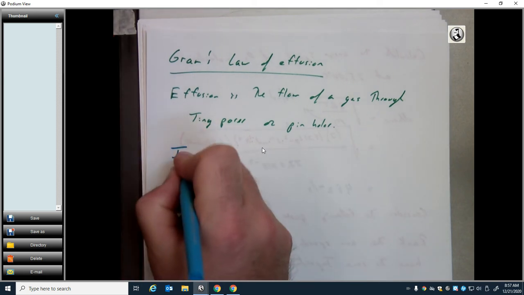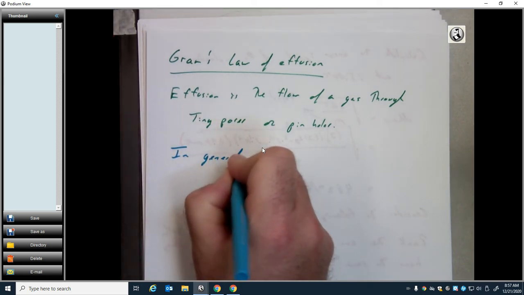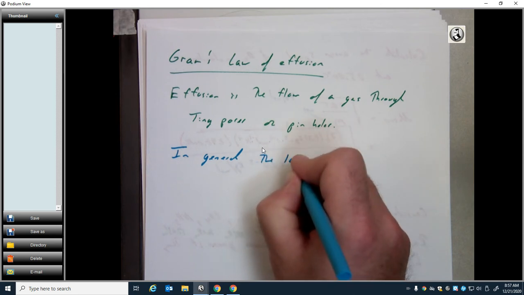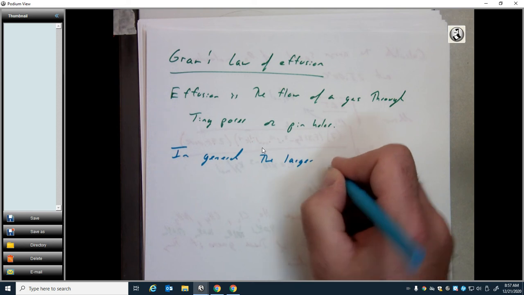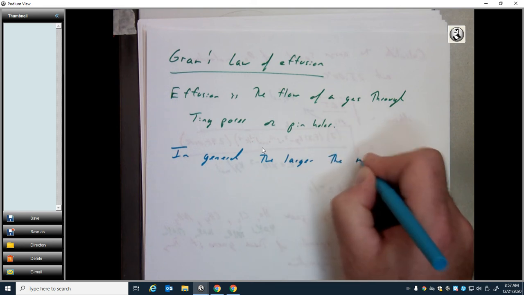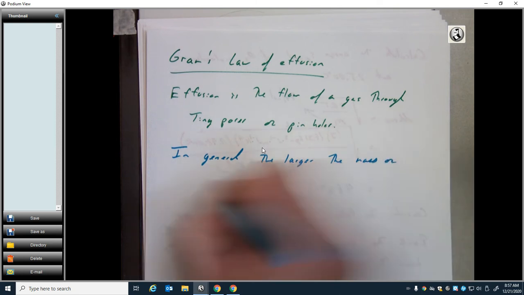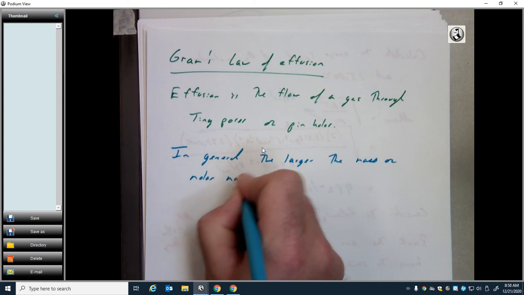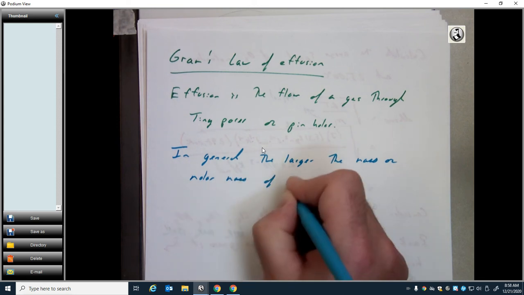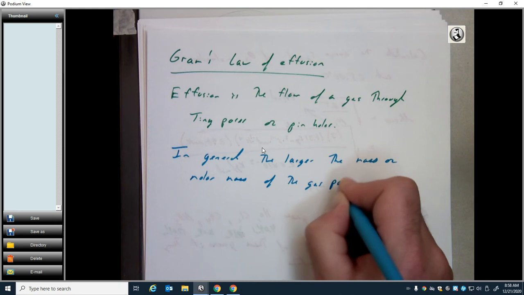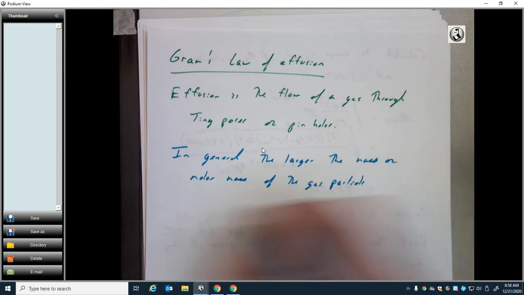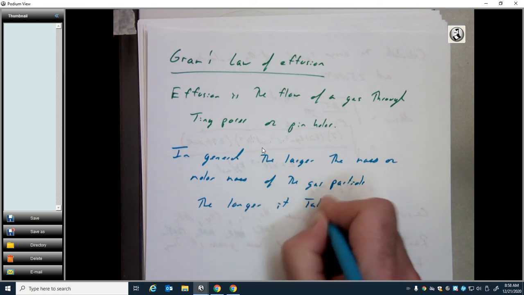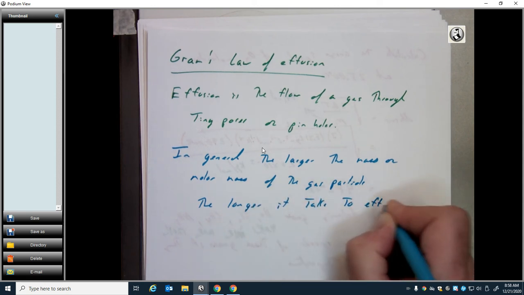In general, the larger the mass or molar mass of the gas particle, the longer it takes to effuse.